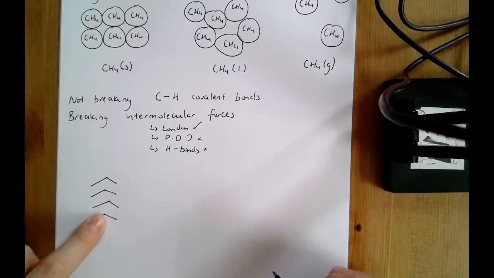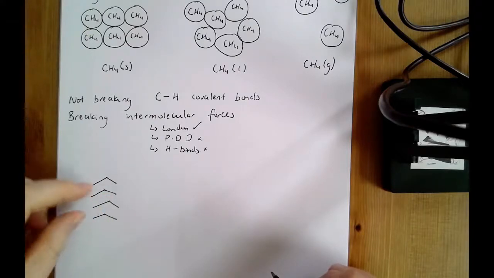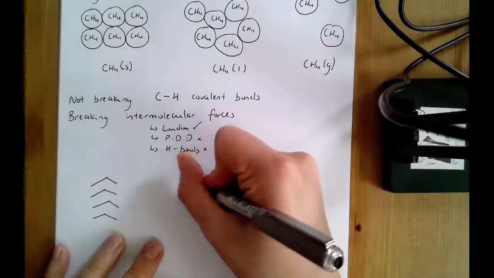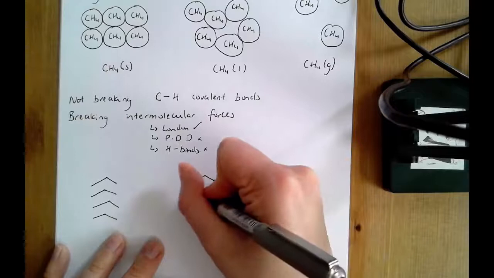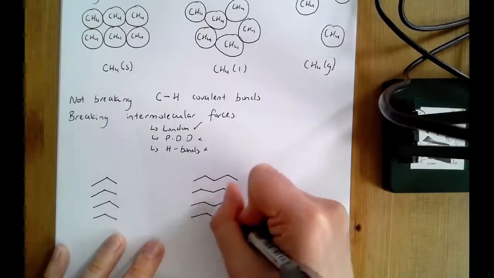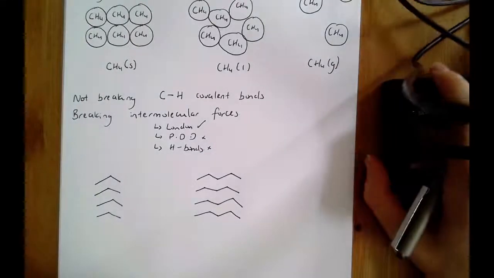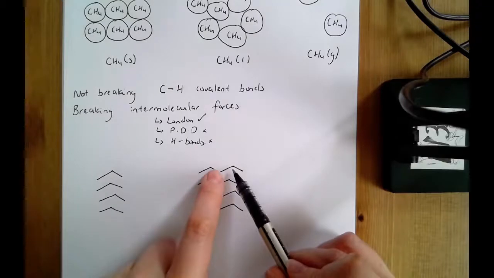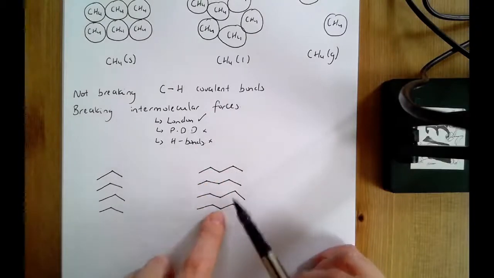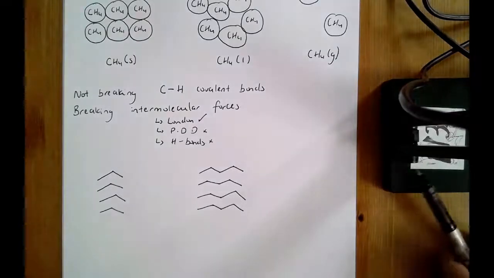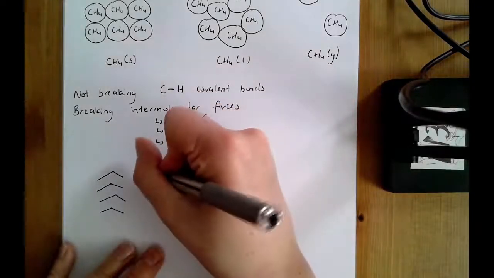I would need to overcome those London forces because they're the intermolecular forces existing between them. If I compare propane to pentane, I've got a similar story. If I wanted to boil pentane, again, I would need to separate these pentane molecules and I would need to overcome the intermolecular forces holding the pentane molecules together.